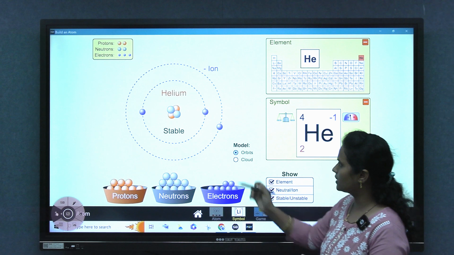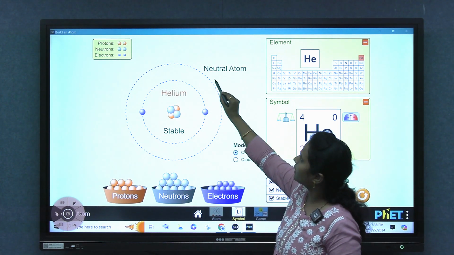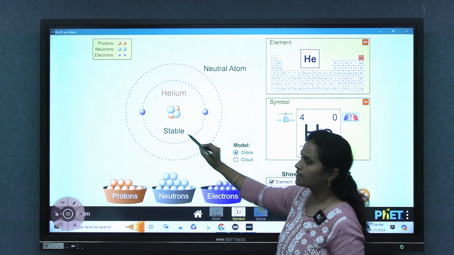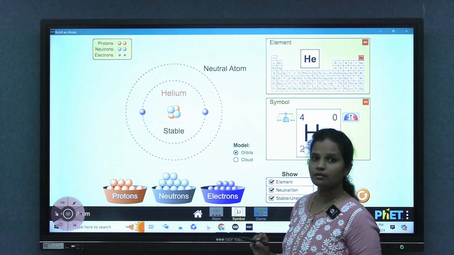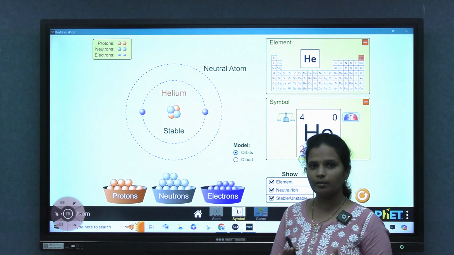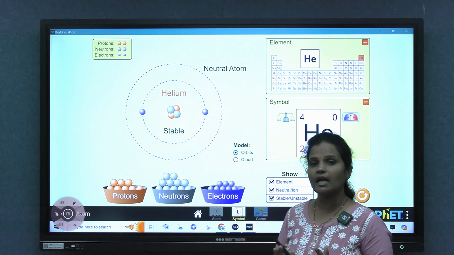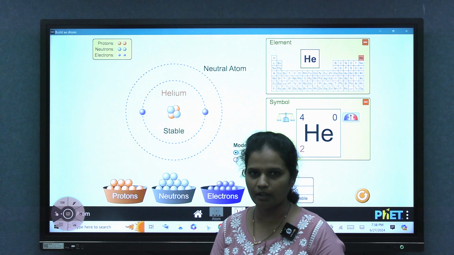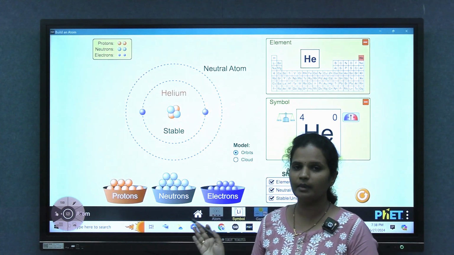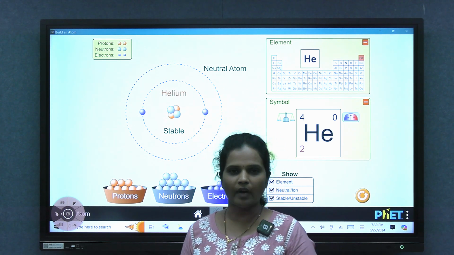When I remove an electron, immediately it forms a neutral atom and it is stable. Stable means the atom is attaining stability. Stability is when it has 8 electrons in the outermost shell, then we call it a stable element. So valency is the combining capacity of an element.